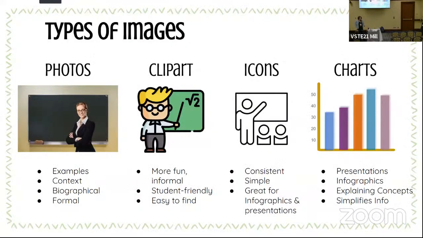So these are some of the different types of images that you could add. They all have their benefits and drawbacks. When it comes to actual photos, those are really great because say you're teaching about, I don't know, the Manassas battlefield. Providing a photo of the Manassas battlefield that you're talking about helps make connections for the students.